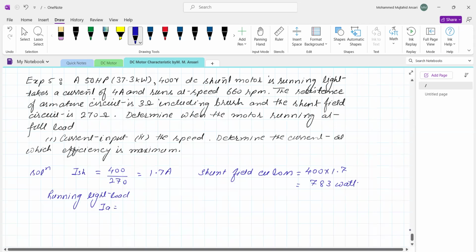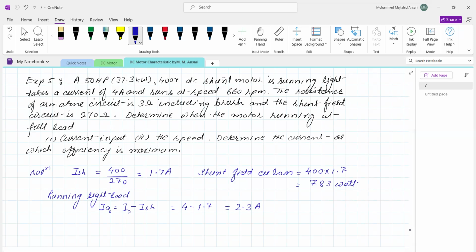Ia is equal to I minus Ish. So the no load current is 4 ampere minus 1.7. So no load armature current is equal to 2.3 ampere.